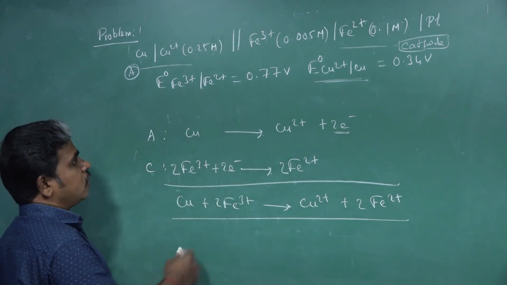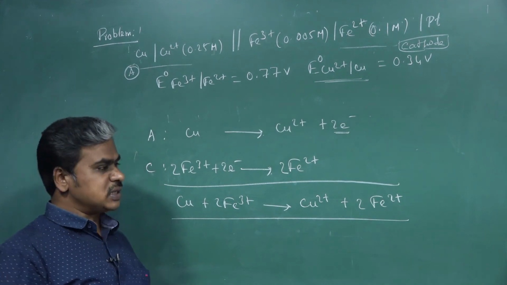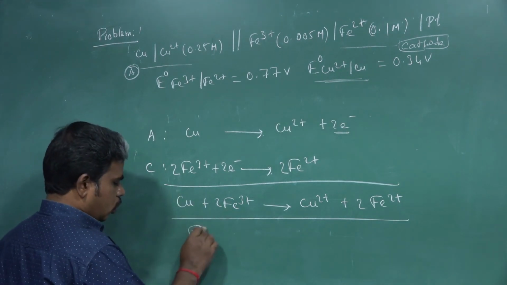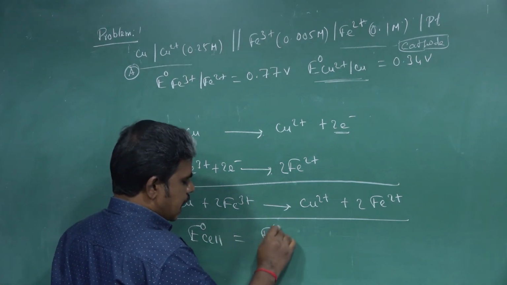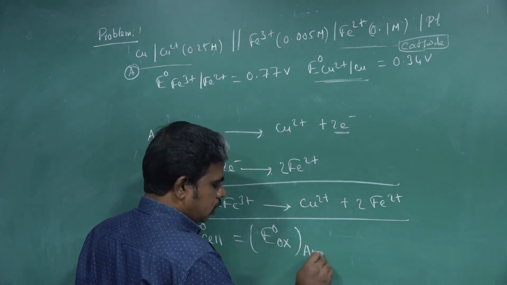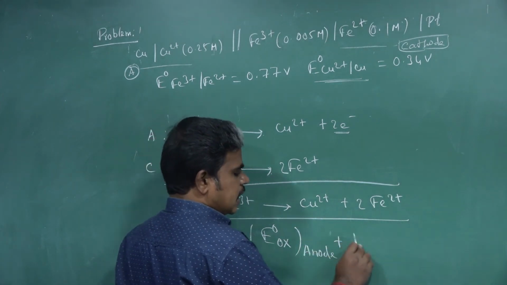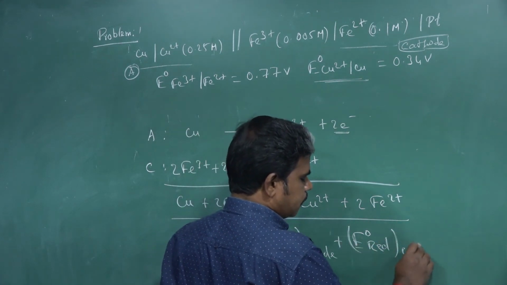Now we want to find out the E naught cell, the overall E naught cell. So the E naught cell is equal to E naught of oxidation at anode plus E naught of reduction at cathode.